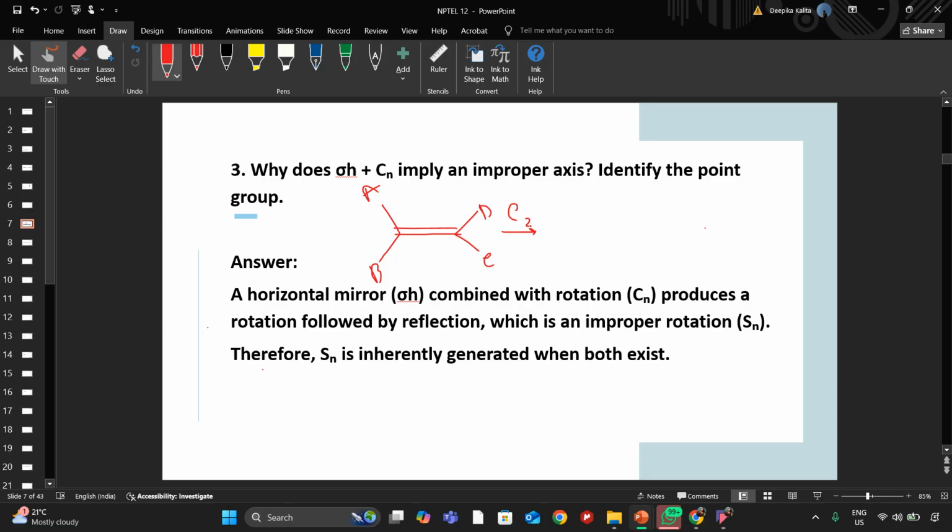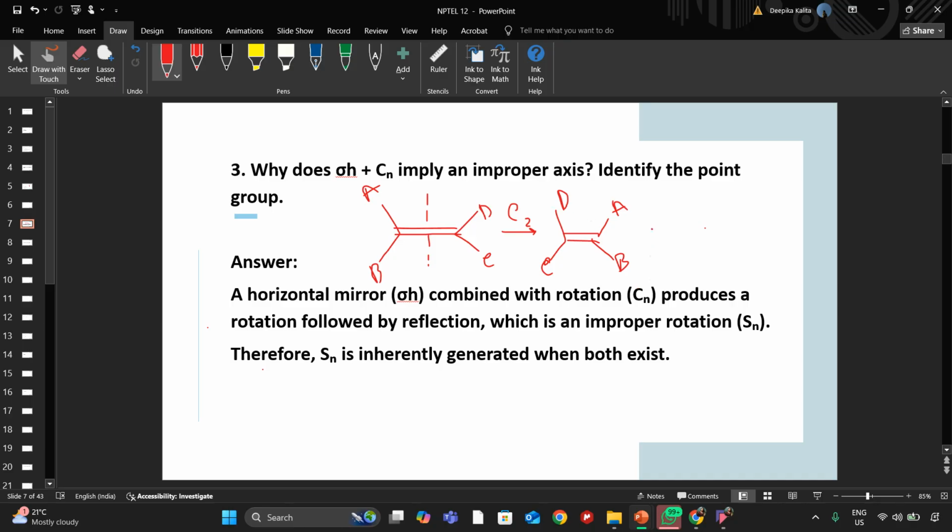If we perform C2 over this molecule, it is like the C2 passing through here, which is on the plane, and the molecule is rotated by C2.